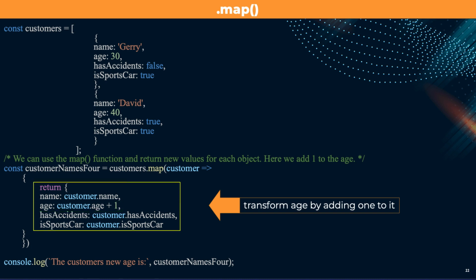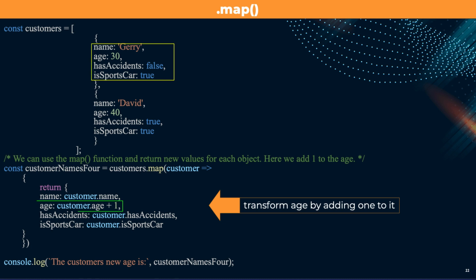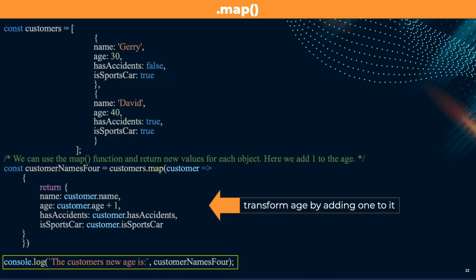And hasAccidents: customer.hasAccidents, and isSportsCar: customer.isSportsCar. In other words, the same as these variables or fields up here. The only difference is that this time the customer is going to be transformed because the customer age is going to have a 1 added to it. And then we console.log the customer names for a different array basically from before.